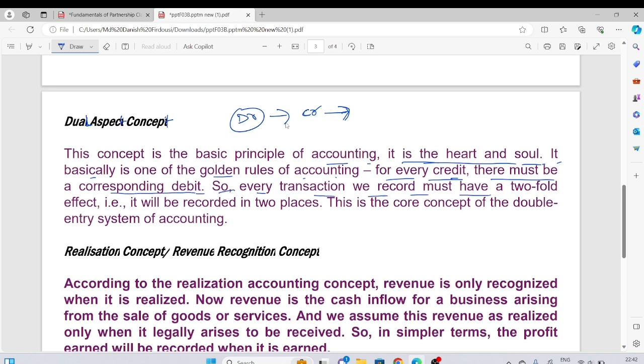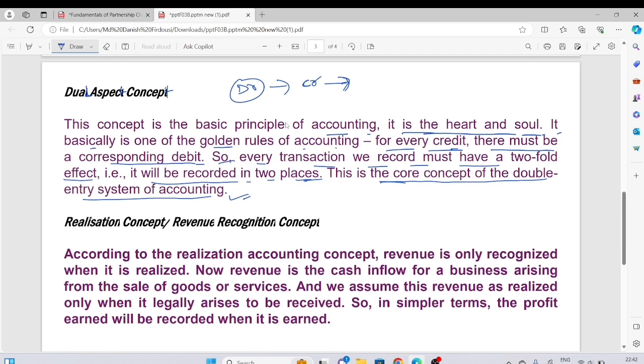So every transaction we record must have a twofold effect. It will be recorded in two places. This is the core concept of the double entry accounting system. Double entry means every transaction must have, if there is credit, then there must be debit. If there is debit, then there must be credit. This is the dual aspect concept.